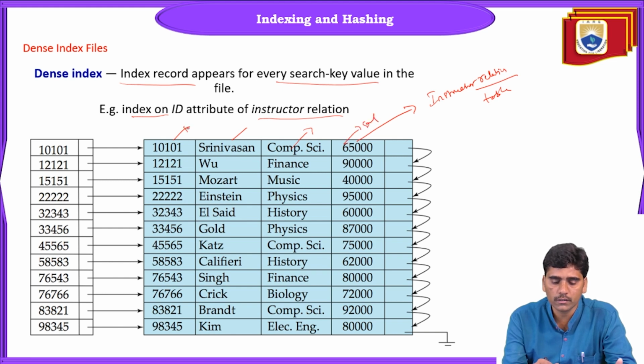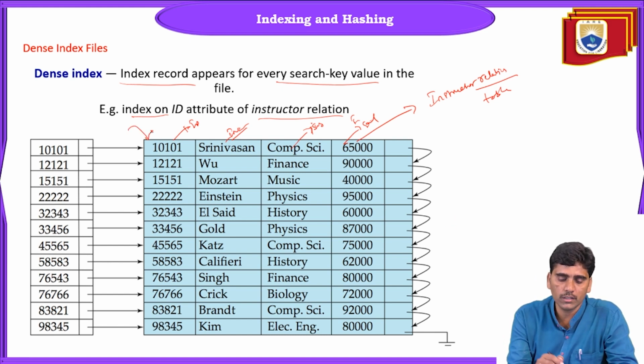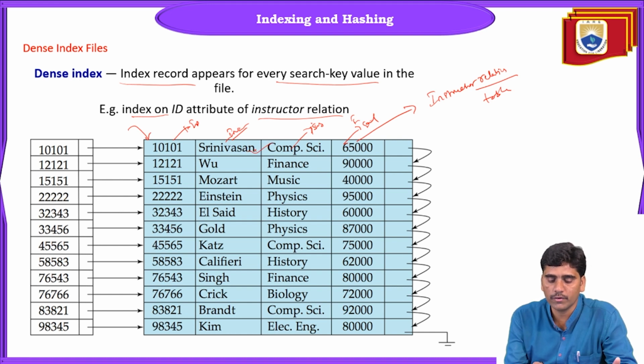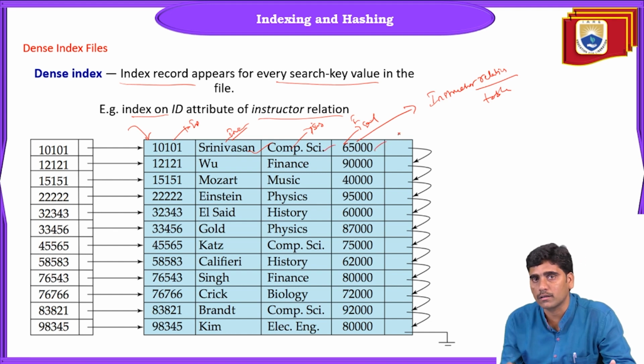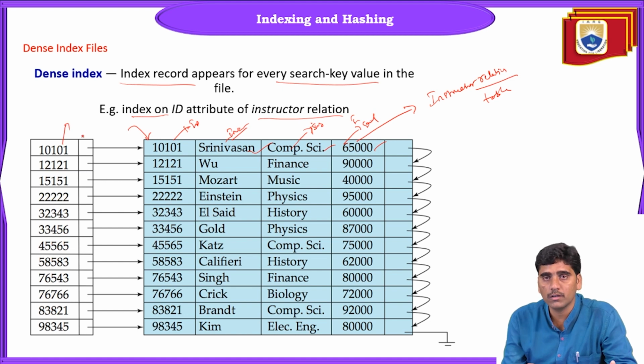Here the ID will be taken as the index. Based on this index, we are going to find the values of instructor name, instructor subject, and instructor salary. This is the index value.